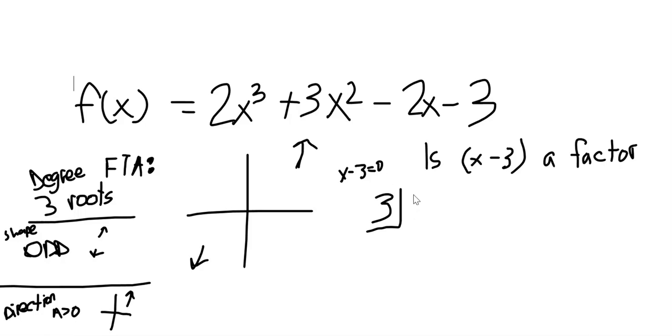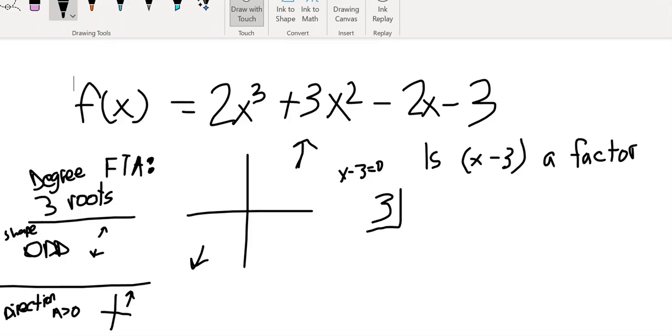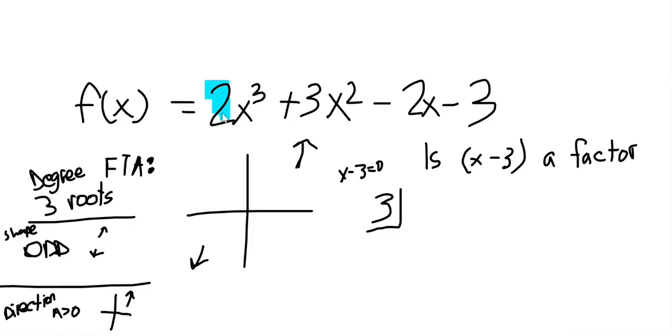And then I'm going to use the coefficients. The one thing we have to remember is make sure those coefficients go in descending order. We don't skip exponents. If we did, we would have to fill in a 0 for the missing coefficient. But I don't see where we skipped anything because we go down from the 3rd power to the 2nd power to the 1st power to no power. So we didn't skip any exponents. It's in descending order.